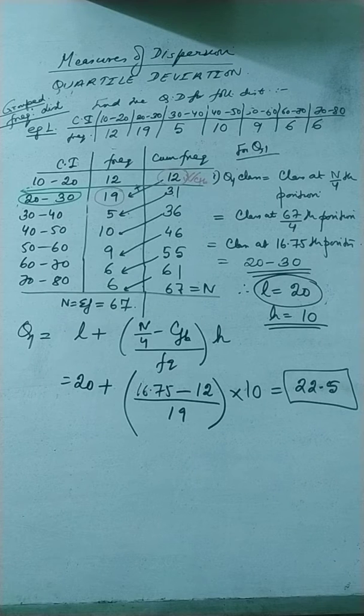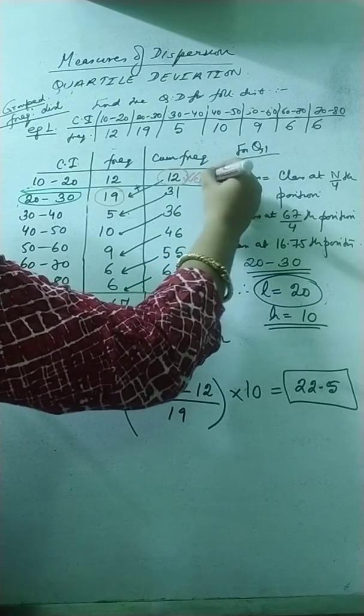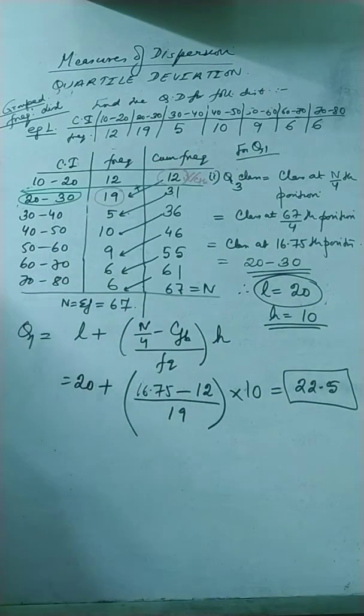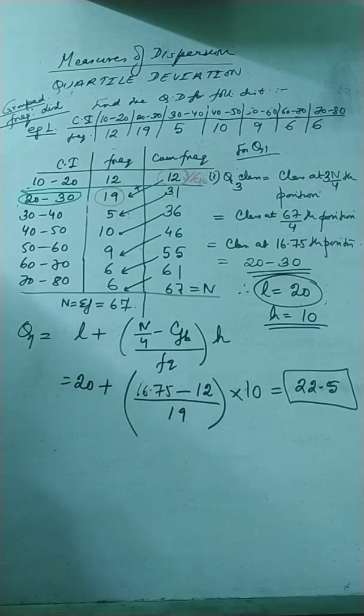Next will be Q3 because QD is what? Q3 minus Q1 by 2. So next we will find out Q3 class. So this will change now. This is your Q3 class, part 2 I'm doing. So it's class at 3n by 4th position.